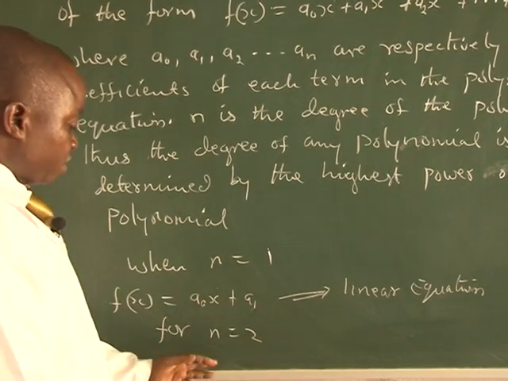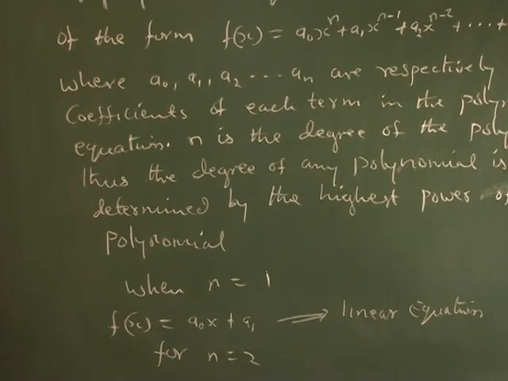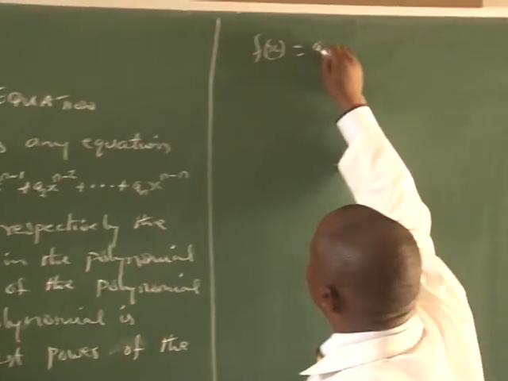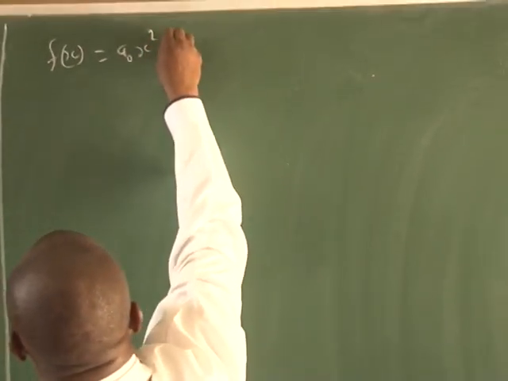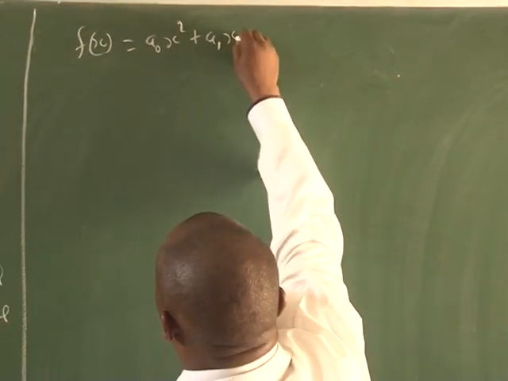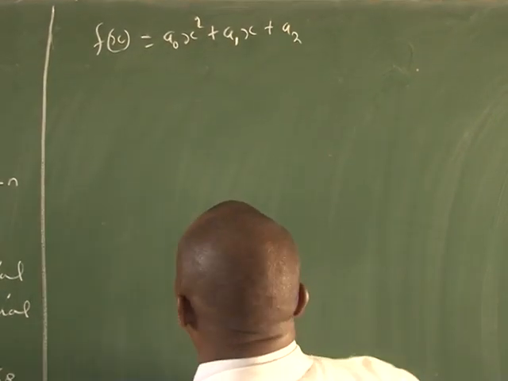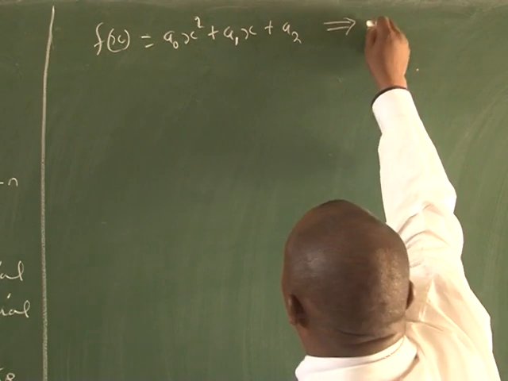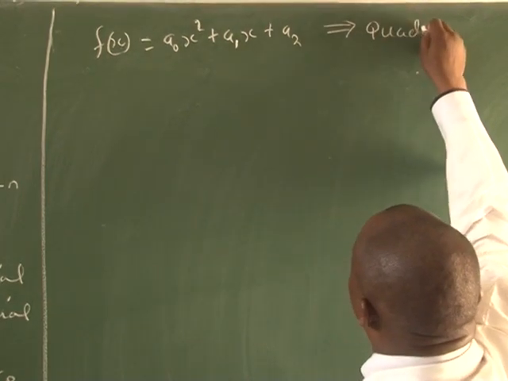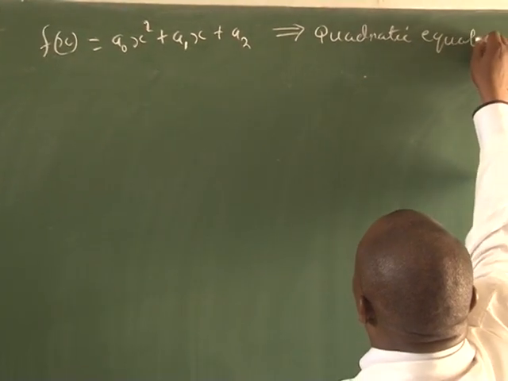So for n equals 2, we have f of x equals a subscript 0 x raised to 2 plus a subscript 1 x raised to 1 plus a subscript 2. Now this one is called quadratic equation.